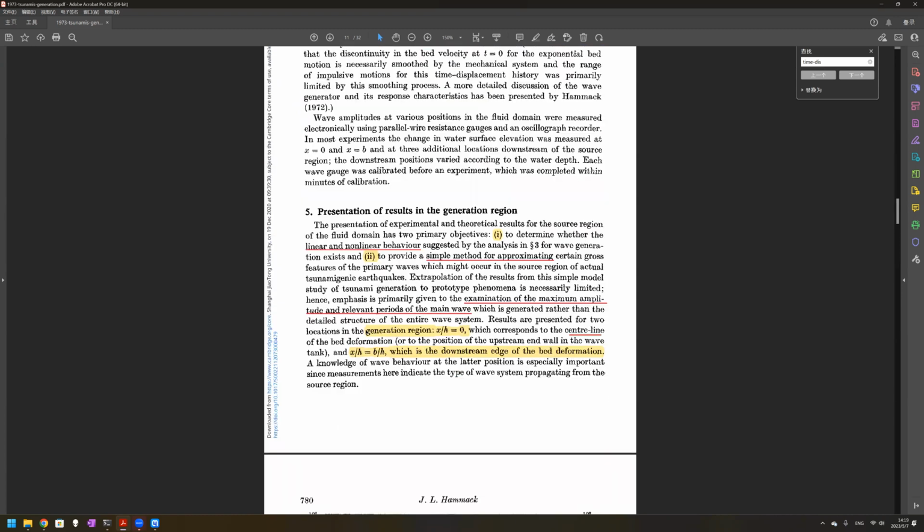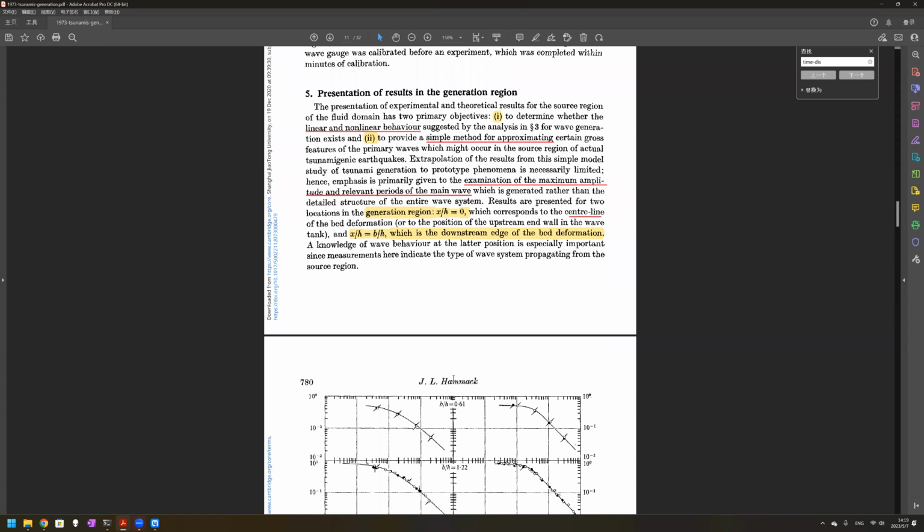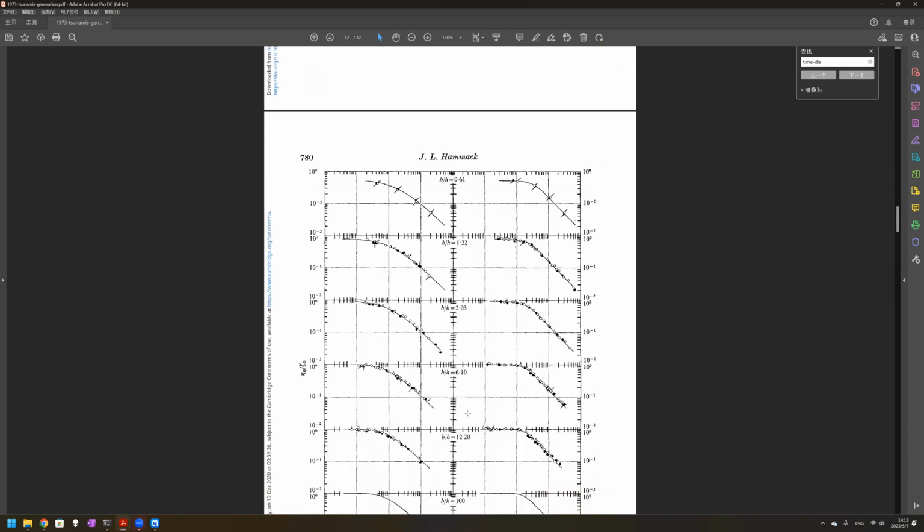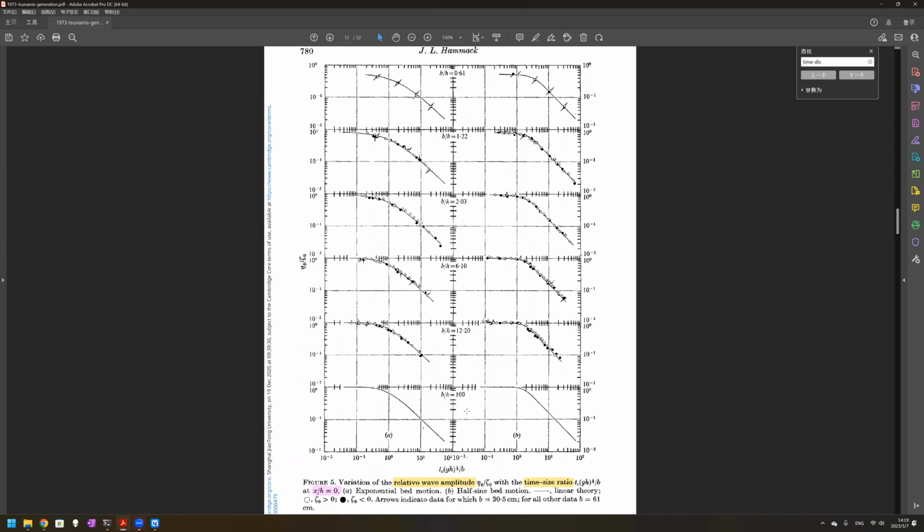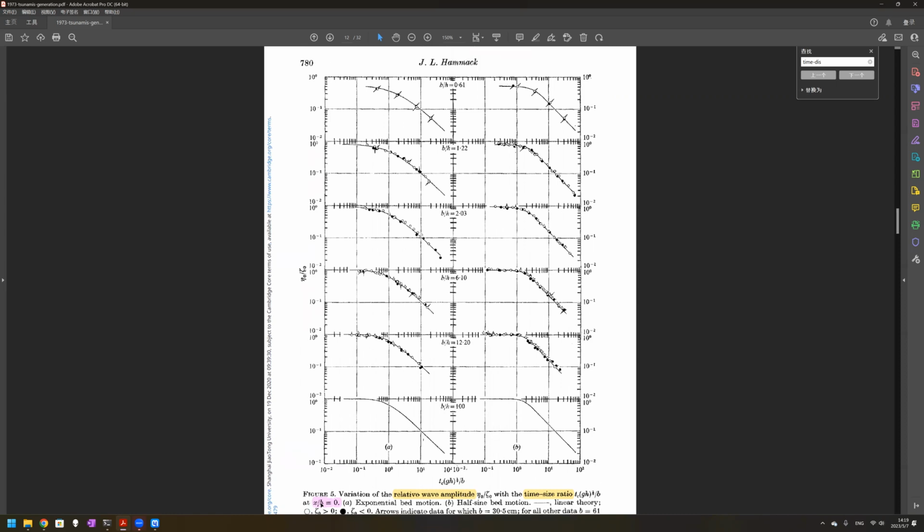First, they look at the region at the center, when x equals 0, and then they look at the downstream edge, which is the far right end at x equals b, where b is the width of the deformation. In this graph, at the center, this is the time size ratio.